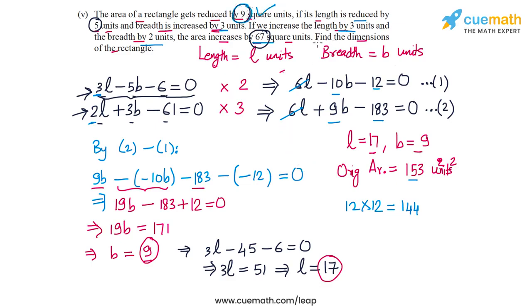And now if we increase the length by 3 units, then the new length is 20, and if we increase the breadth by 2 units, then the new breadth is 11. So 20 times 11 is 220, and 220 is 67 square units more than 153. So the second piece of information also checks.